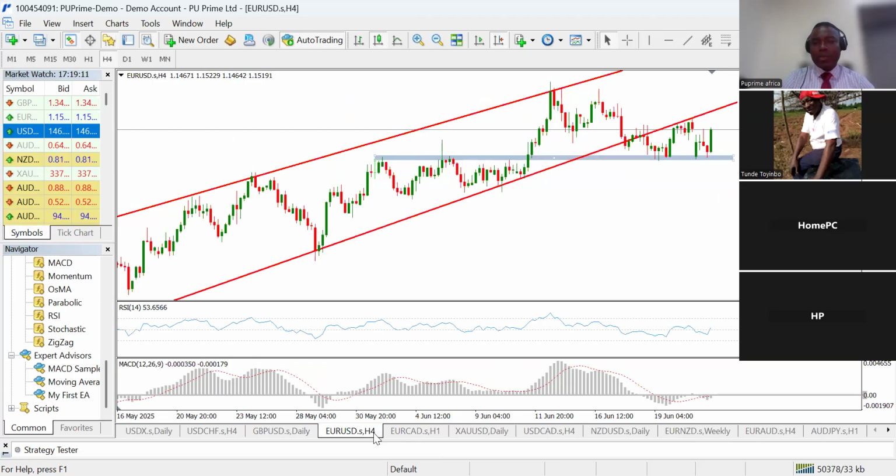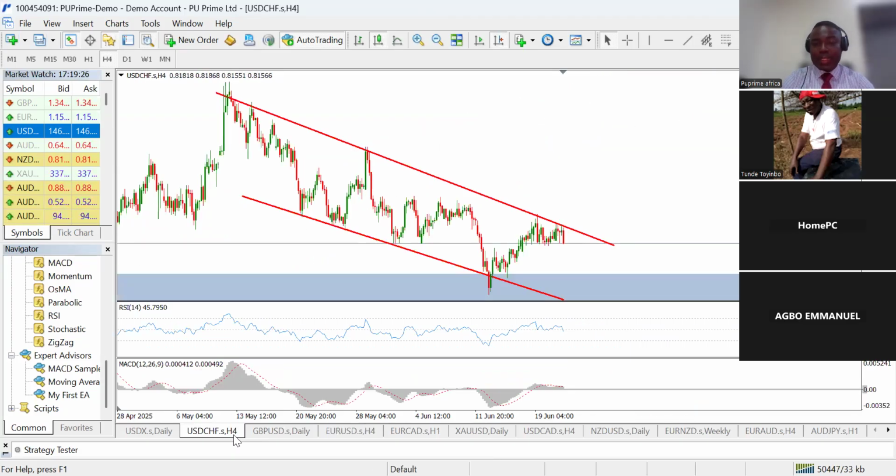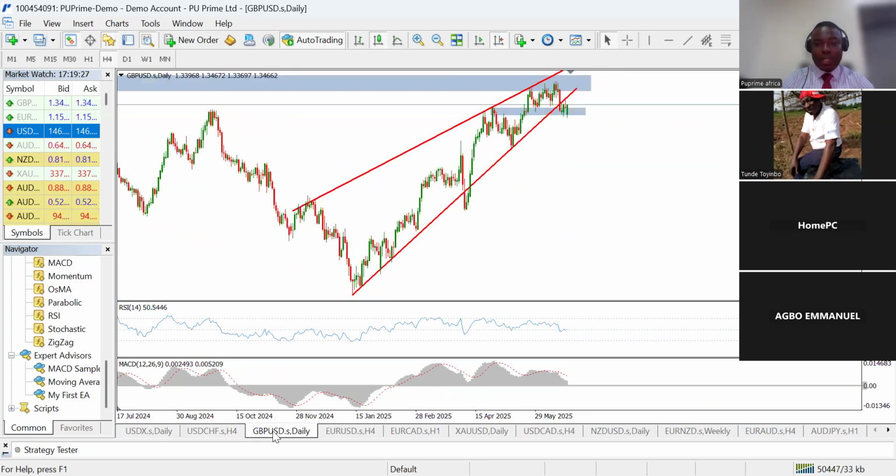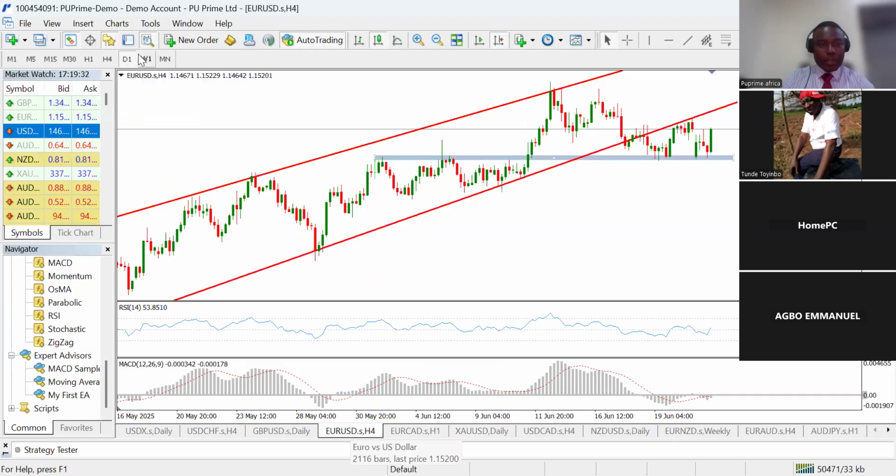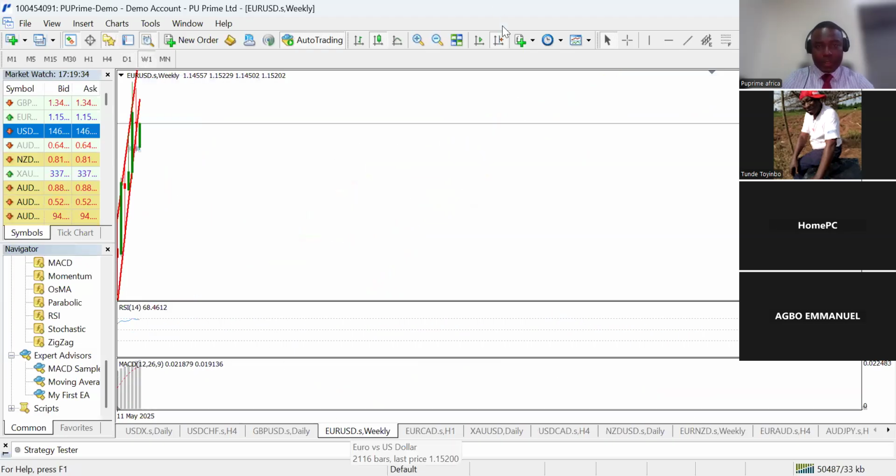Now, one of the best ways to set stop loss and even take profit is by using resistance and support. Resistance and support is one of the best ways you can use to set a stop loss and take profit level as a trader. So let's look at an example of this.